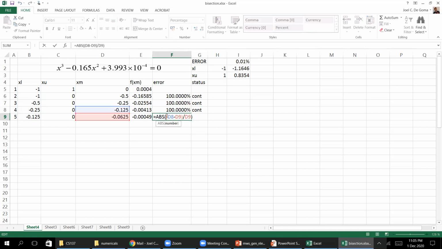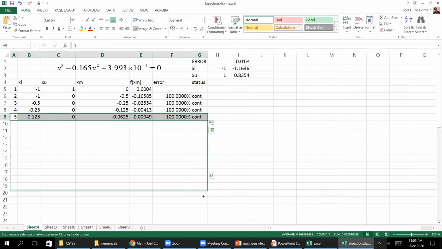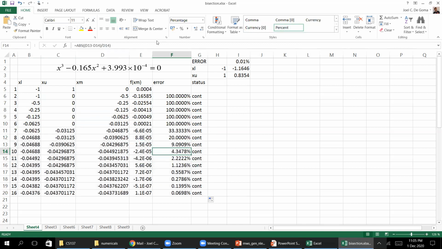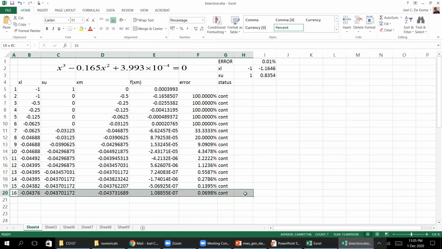Wait, I'm just going to check. Yeah, correct. -0.25, -0.0449. So negative, so I'm just going to continue. As you can see here, your f of x sub m is nearing 0, which is correct. 0.06 is still greater than the desired error, so we're going to continue our computation.